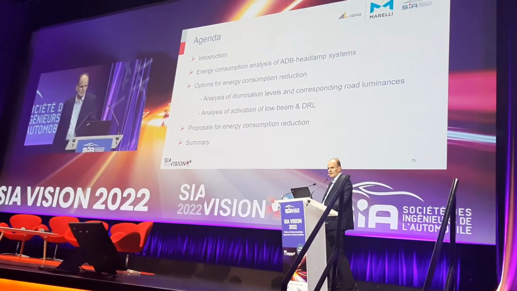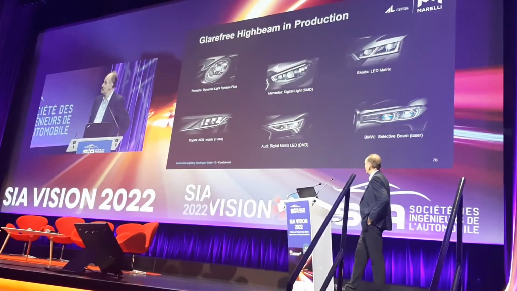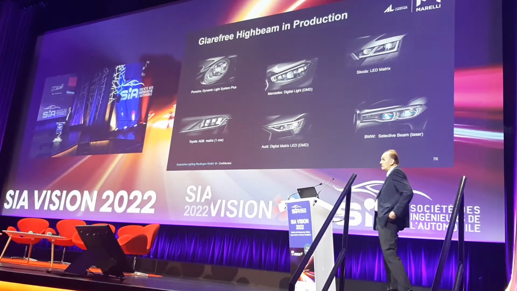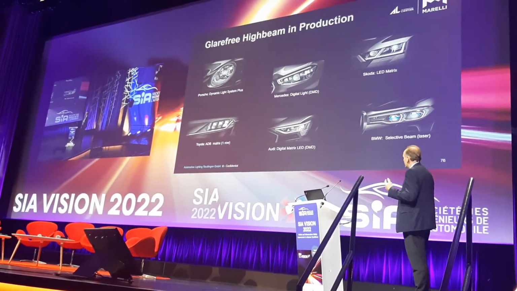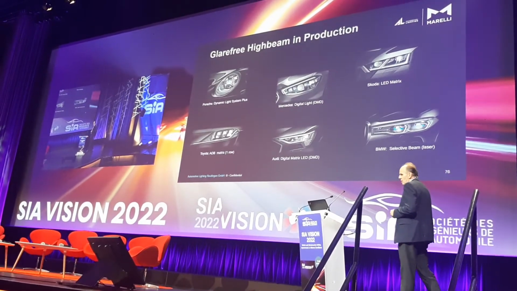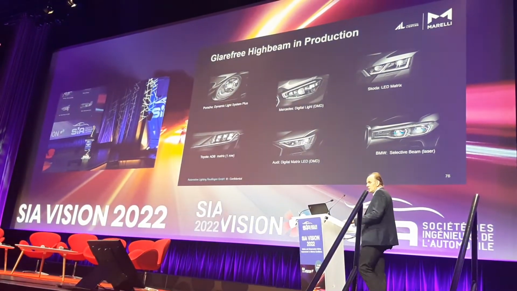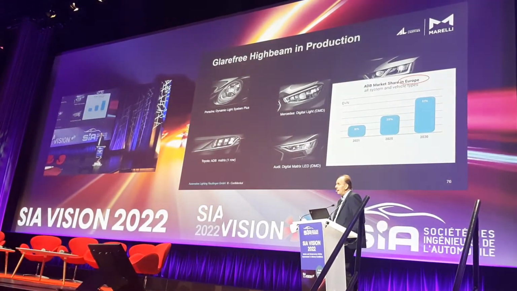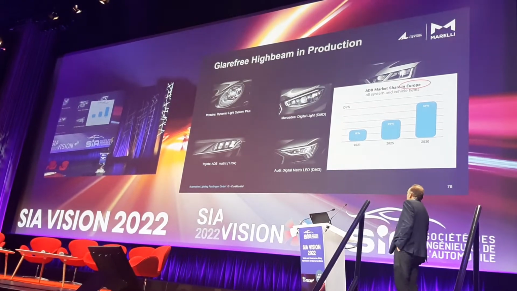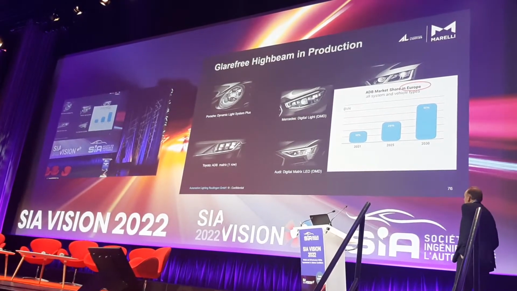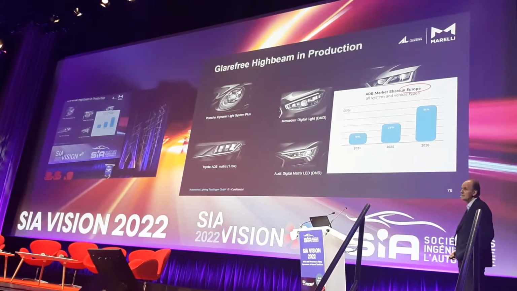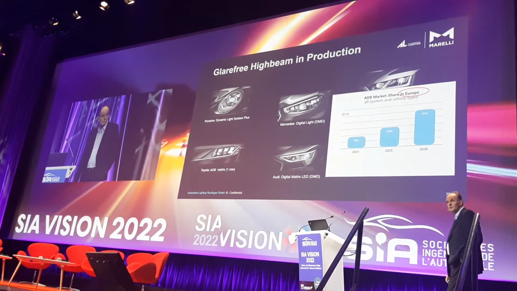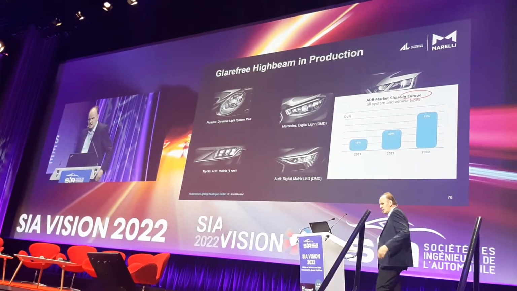As a first picture and introduction, I brought with me a small selection of ADB headlamps which are running on the road today, with different optical systems, different stylings and different performance levels. If we look at the statistics given and assumed by DVN, we see that the option rate, or the number of ADB systems, will increase in the next years and will reach about 50% of the cars in the European market.